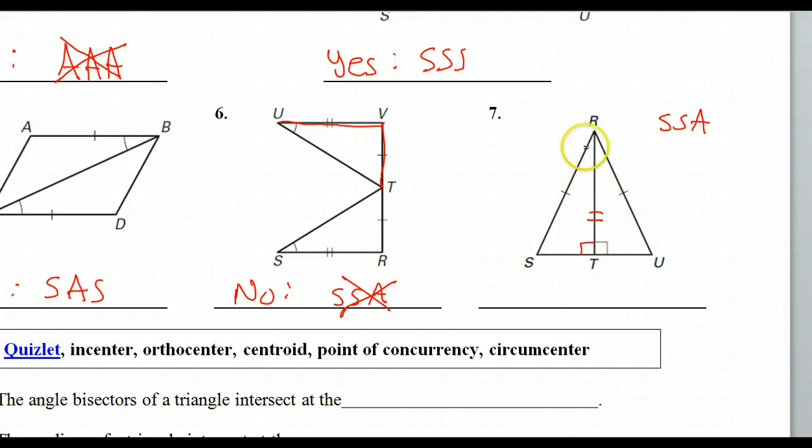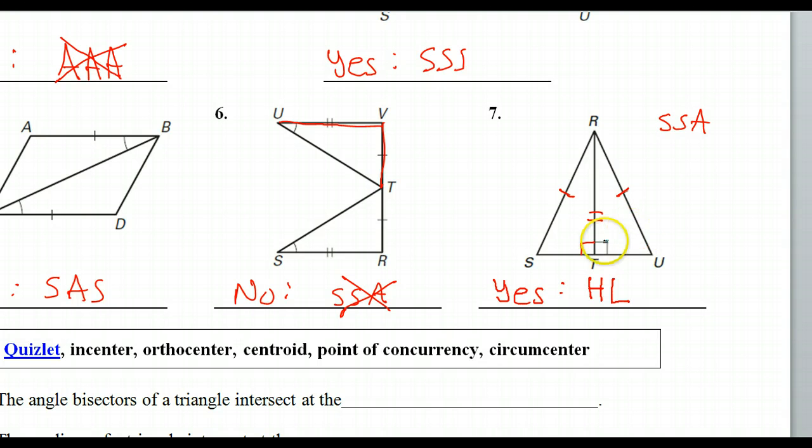Look at SR and UR. These are the hypotenuses, so we do have a hypotenuse. And look at RT, that is a leg. So we have a hypotenuse and a leg, so we get to say yes, these are congruent because of the hypotenuse leg. That's a special theorem that only works for right triangles.